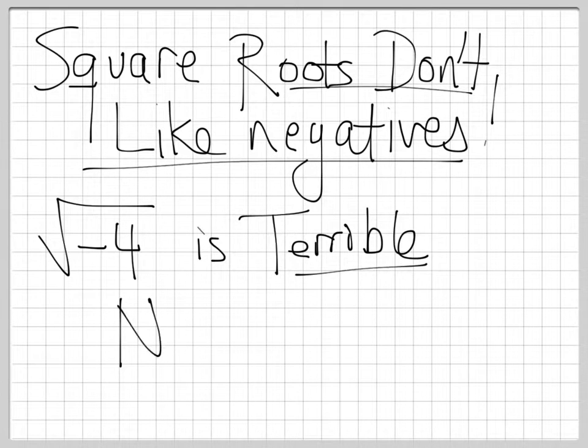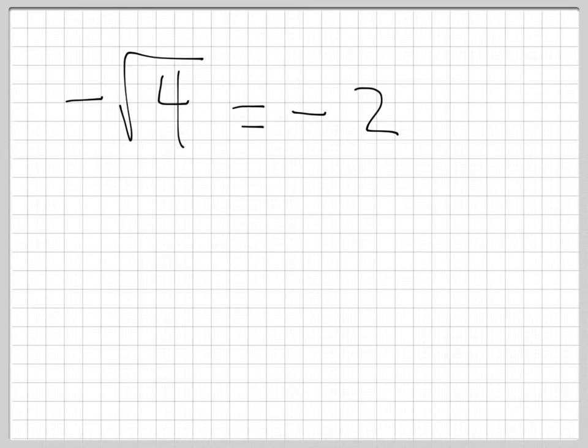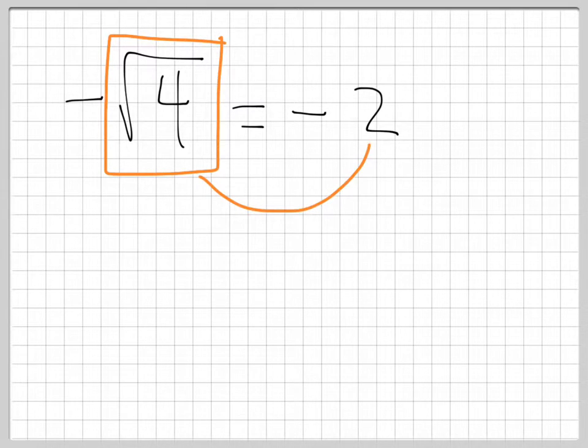It's not okay. Now, it's important for you to remember that only the thing inside the square root can't be negative. Negative square root of 4 is just negative 2 because the square root of 4 is 2, and all you did was carry the negative sign with it. So it's okay if it's positive inside. It's not okay if it's negative inside.